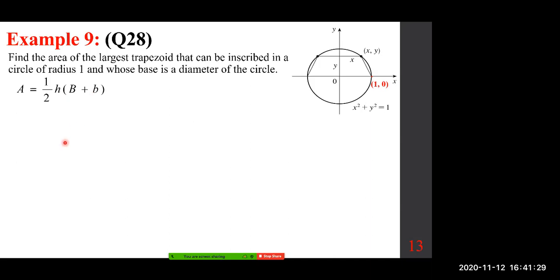And so if you look at this shape, I hope you see the height is the same as y, okay?